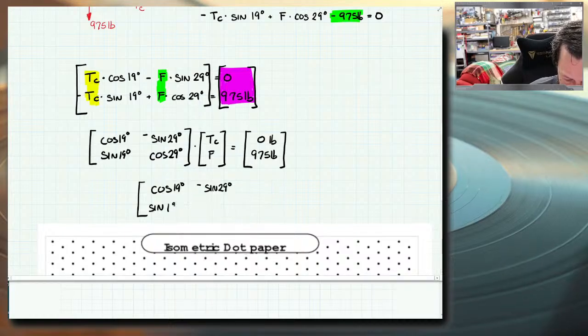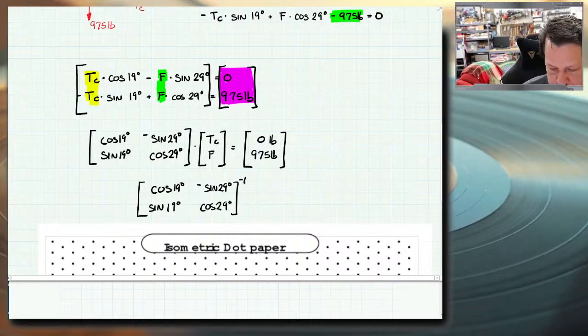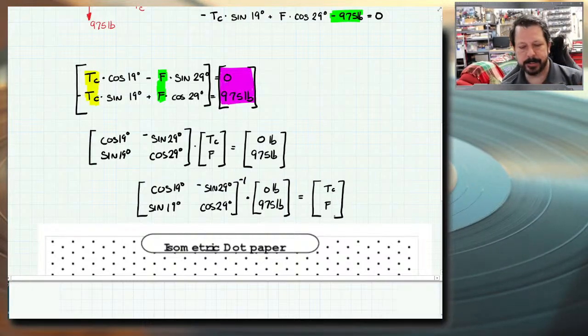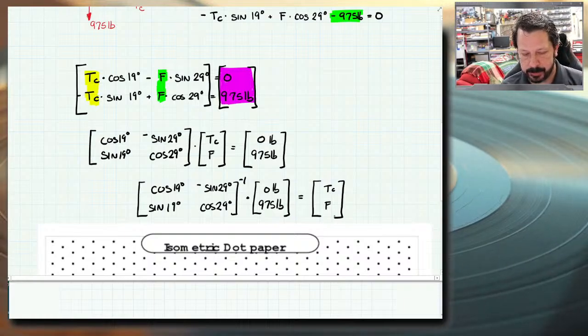So I'm dividing it through, moving it to the other side. Oh, well, hold on, I didn't move it yet. Times, equals the TC and the F. So all I did is divide both sides by the coefficient matrix.